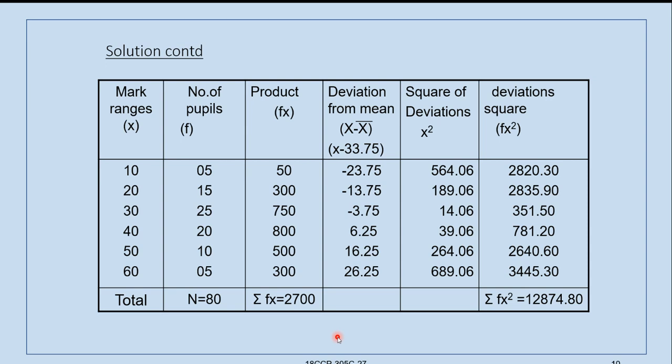Now we are taking deviations, that is small x is equal to x minus x bar. So the calculation is deviations are taken from actual mean. You observe these decimal points. So when you get the decimal points, it is somewhat difficult to calculate the further calculations, that is x square and fx square.